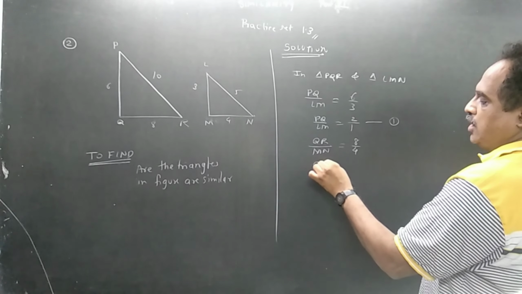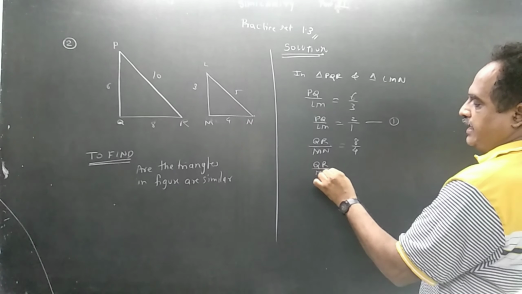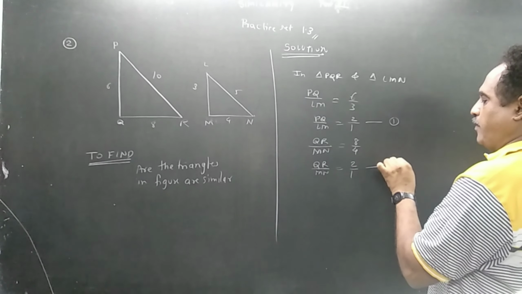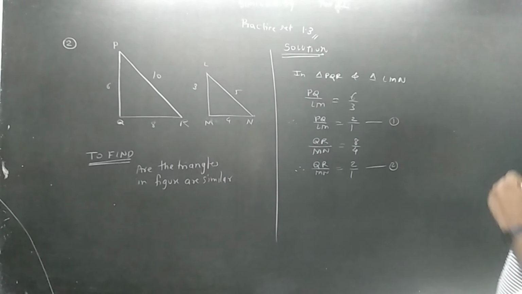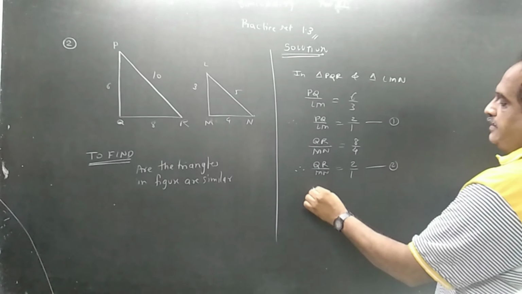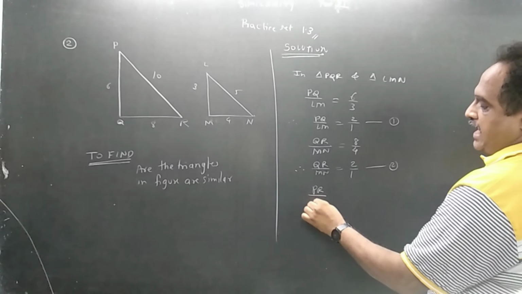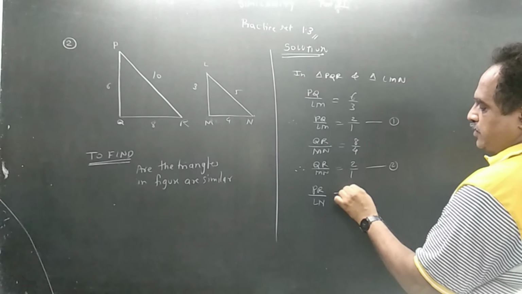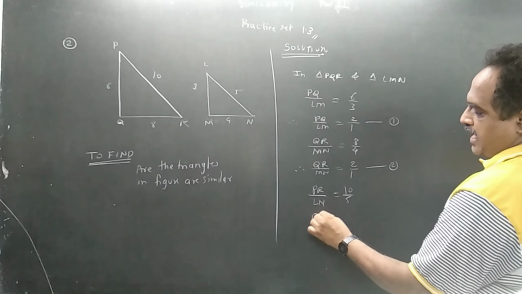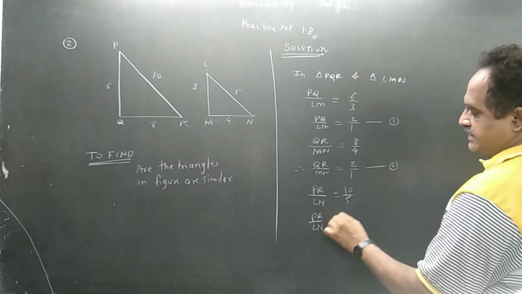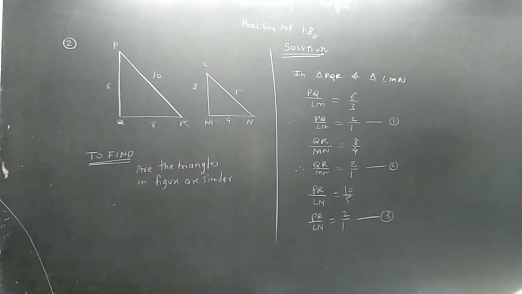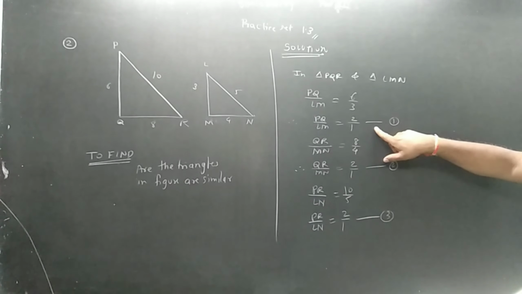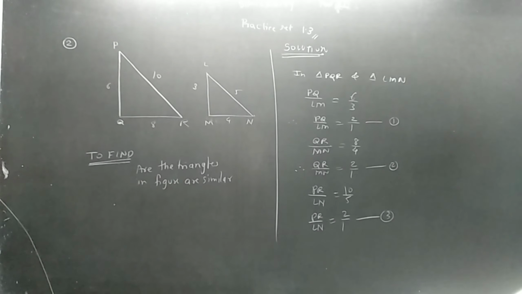Again we get QR upon MN is equal to 2 upon 1, equation 2. Similarly, PR upon LN is equal to 10 upon 5, and PR upon LN is equal to 2 upon 1, equation number 3. See, the value of each is 2 upon 1, 2 upon 1, 2 upon 1.